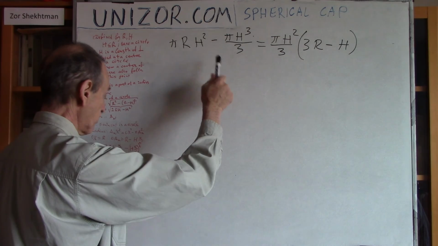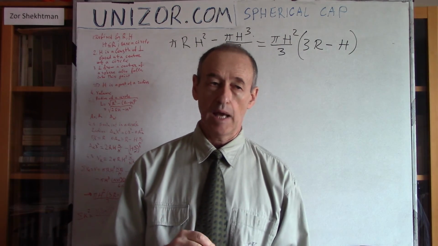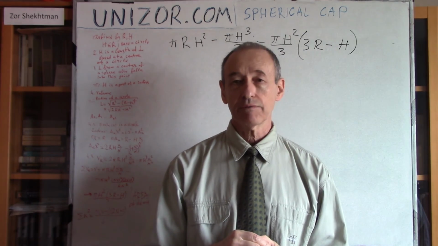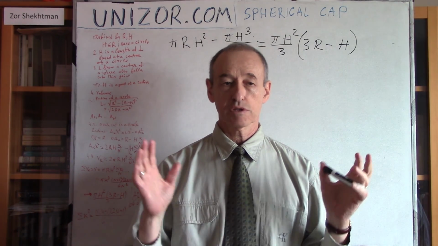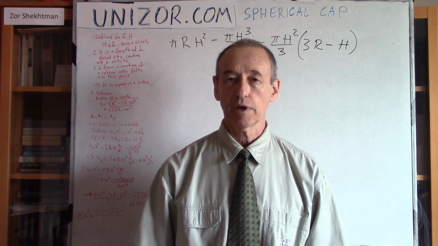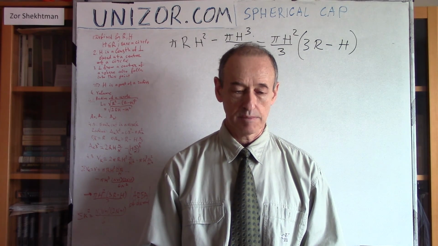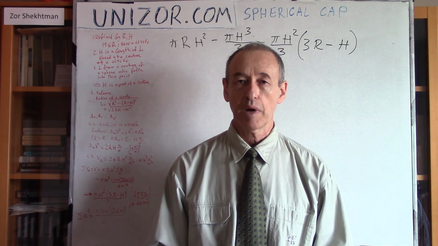But anyway, today's purpose was to derive this formula for the volume of the spherical cap. I think a very good exercise would be if you just repeat all these calculations by yourself. You have to be accurate, you have to be disciplined. So I think it's a very good exercise. So that's it for today. Thank you very much and good luck.